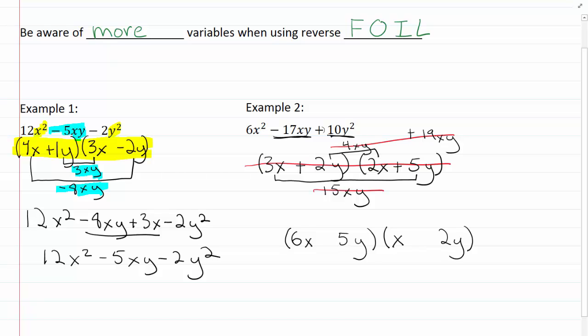But I remember that last time we had a problem where we were coming up with a positive instead of a negative in the middle. So I'm going to go ahead and try putting a negative sign right here and a negative sign right here. Because a negative times a negative would also give me a positive on our last term. Okay, so let's go ahead and see if we have any more luck multiplying this together. See if that'll give us our original expression.